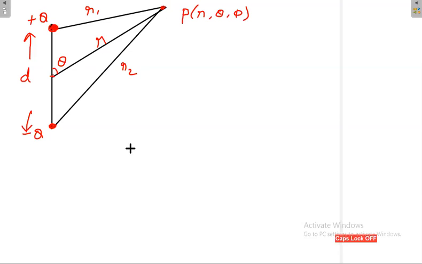Now, first of all, I will try to find the potential here. I have two point charges, one is plus q and another is minus q. The potential due to the plus charge is q divided by 4 pi epsilon r1, not simply r1.